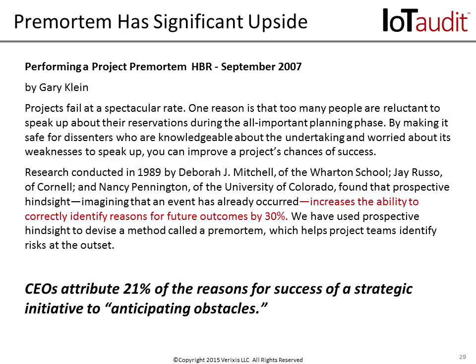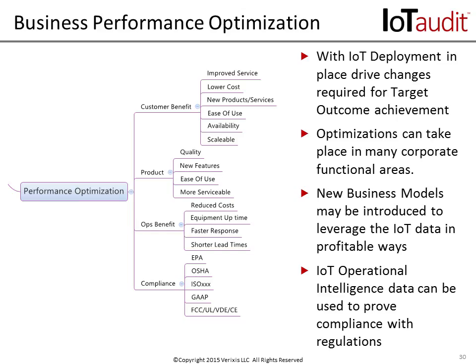So you can see it has significant opportunity to improve the success of your IoT project if you do this kind of process. Another quote here: CEOs have attributed 21% of the reasons for success of a strategic initiative like IoT implementation to anticipating the obstacles.